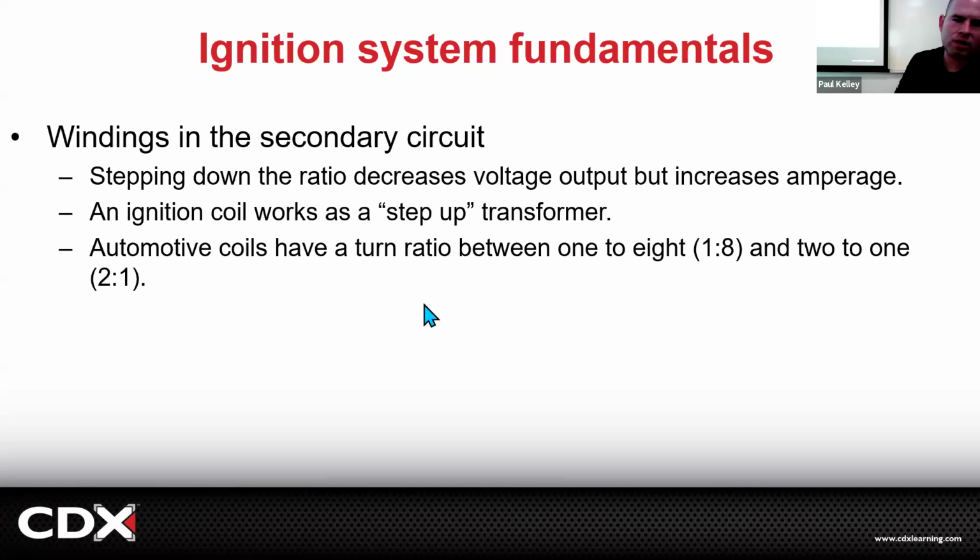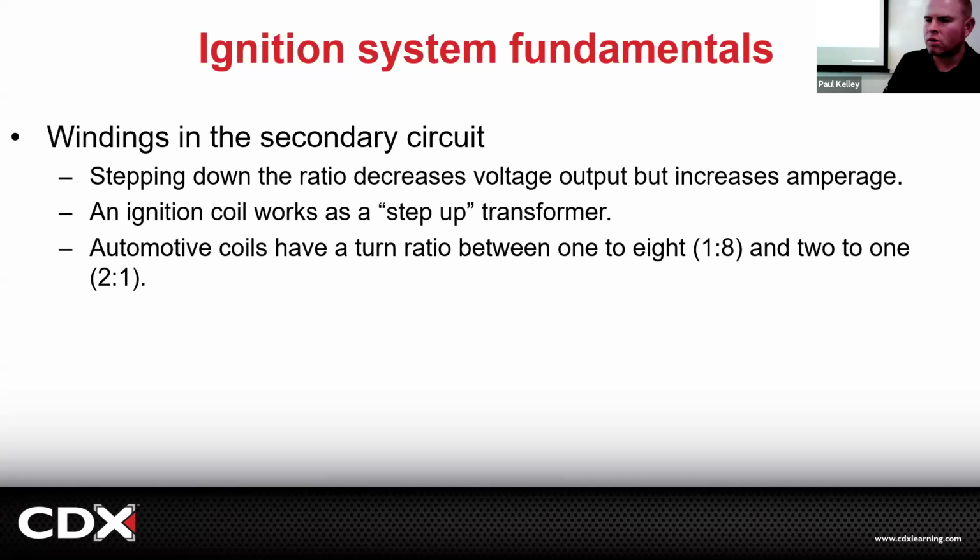If you want to run at 100,000, you're going to end up having to have a different ratio of primary into secondary. So that big high powered MSD coil is going to have fewer primary windings and more secondary loops around the winding to make the higher voltage, which has an application. But let me just say, having a higher voltage on your stock OEM daily driver car, there's no benefit there.